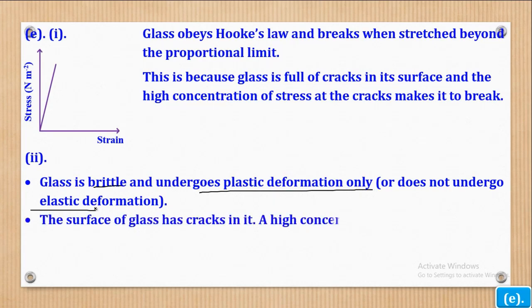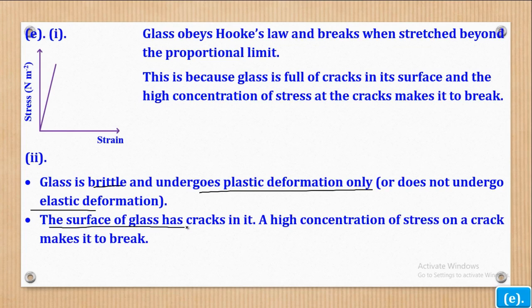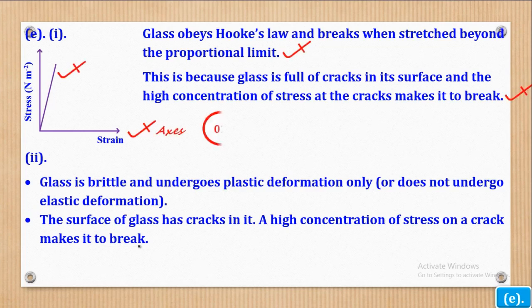Another reason is that the surface of glass has cracks in it. Therefore, a high concentration of stress on the crack makes it to break. So that is how the marks will be awarded for this slide.